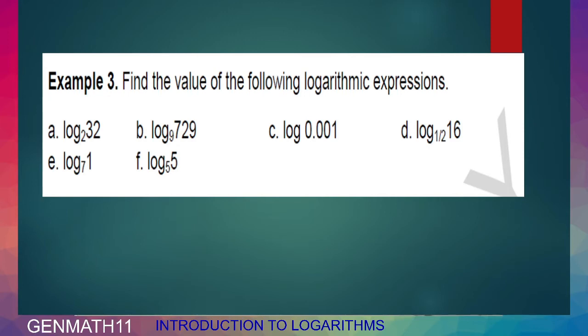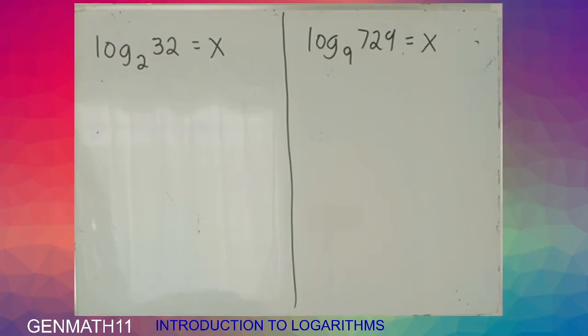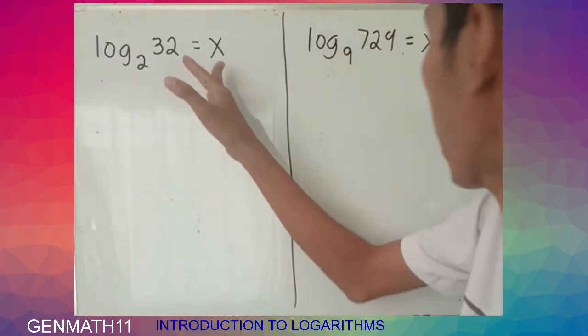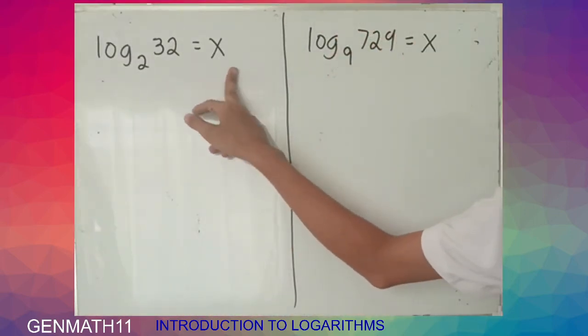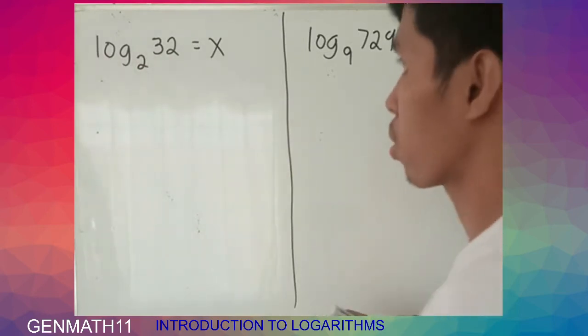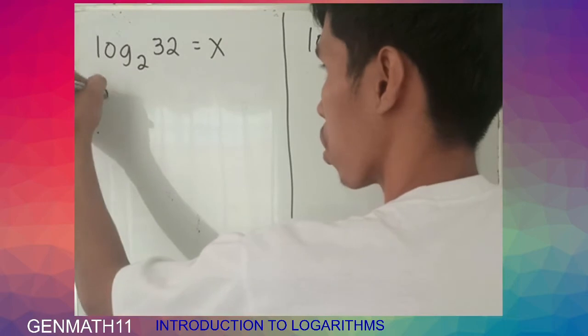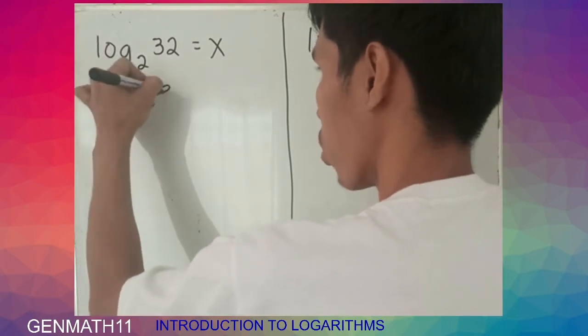So sagutan natin. So unahin natin si log 32 to the base of 2. Okay, so nilagay ko na dito sa board natin yung dalawang example. So para mas mabilis, lalagyan mo lang ng equals x yung ating logarithms. So then ita-translate natin siya into exponential form. So magiging 2 raised to x is equals to 32.